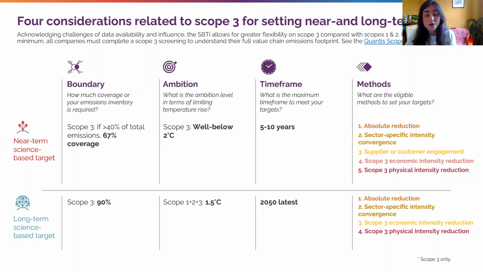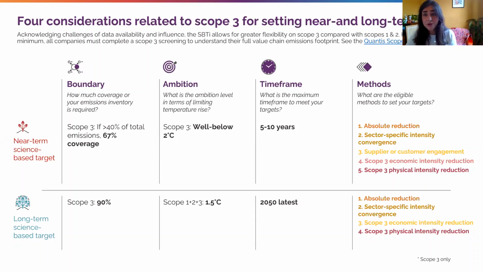If your scope 3 as a total percentage of your carbon footprint is over 40%, then you have to include 67% of your scope 3 emissions. If it's less than 40% and you're in a very high emitting sector, you may not have to include it. However, as shown by the poll that Patrick had up on the screen earlier, most companies do have the vast majority of their emissions in scope 3. So it tends to be that most companies are including scope 3.